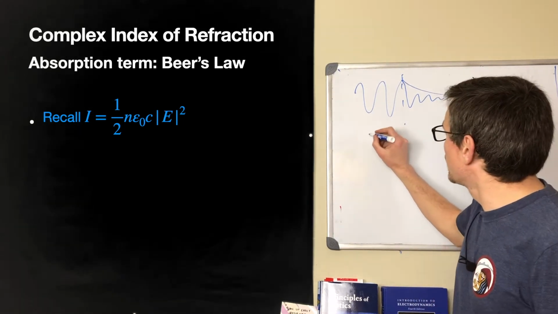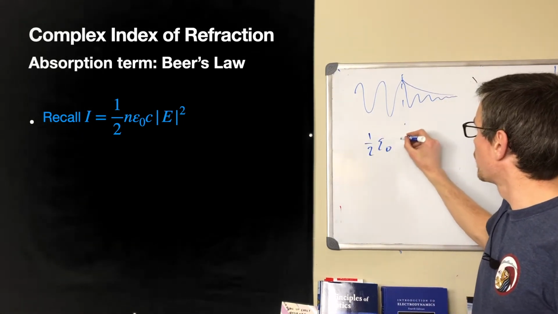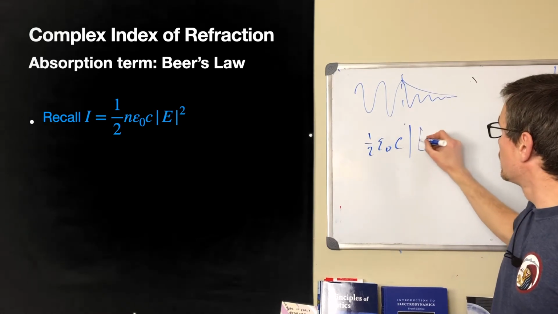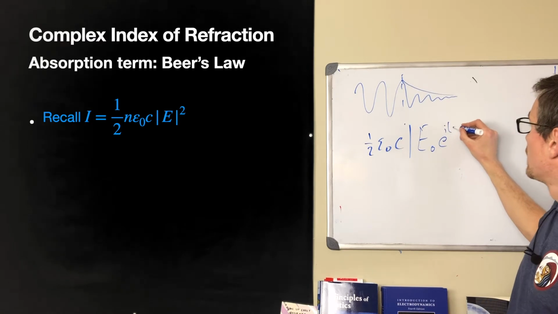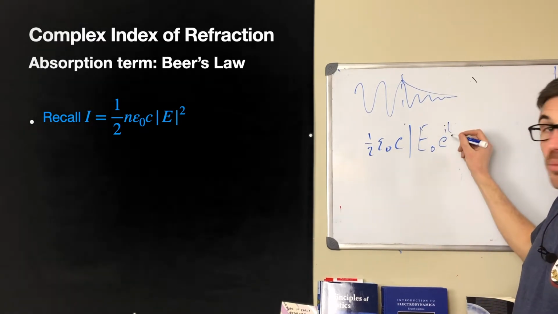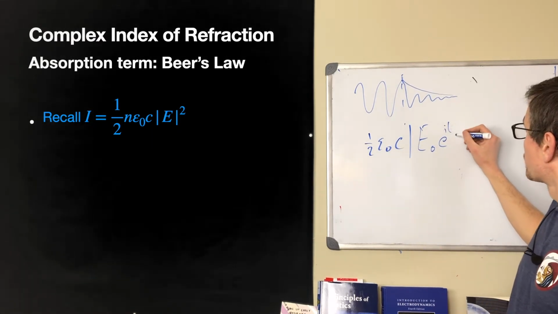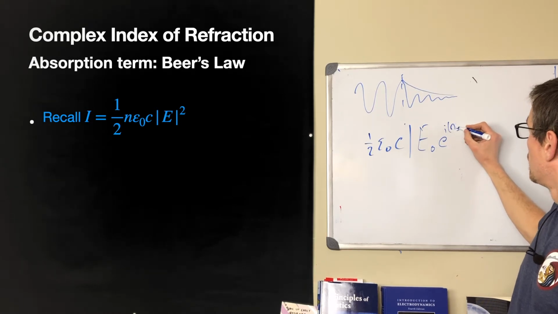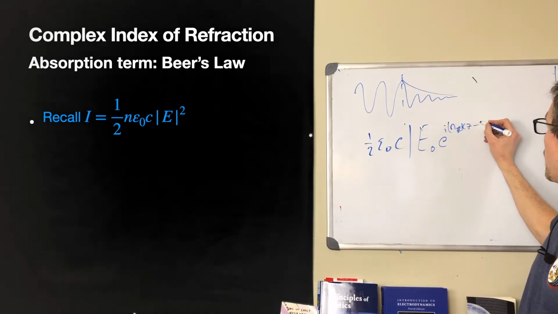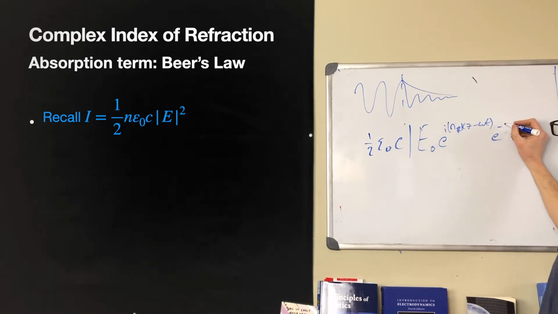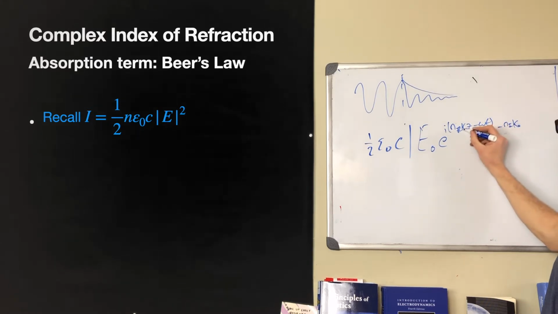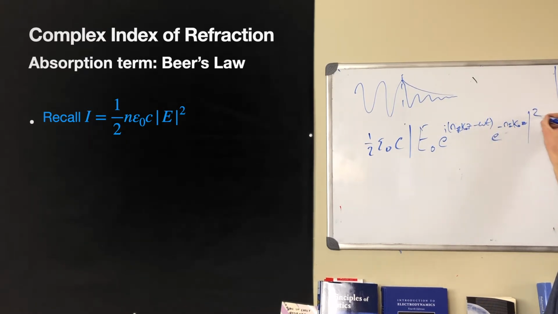We can plug in 1/2 epsilon naught c times E naught magnitude squared e to the i, with our real part, n real k naught z minus omega t, and this exponentially decaying term, minus an imaginary part times k naught times z, and we take the magnitude and square that.